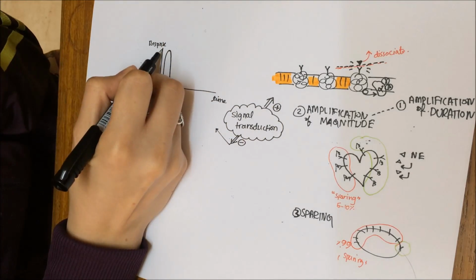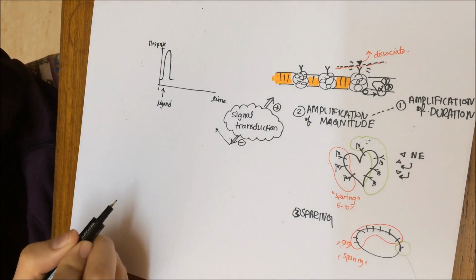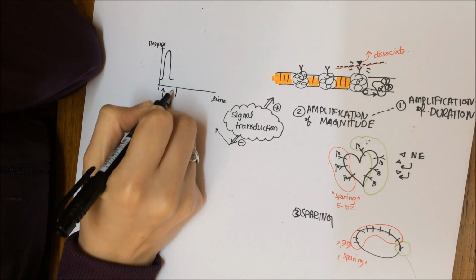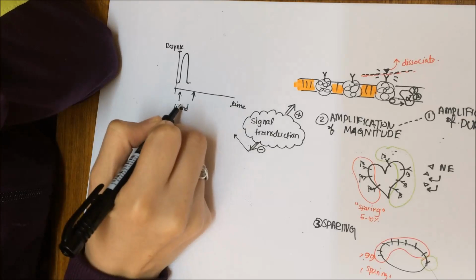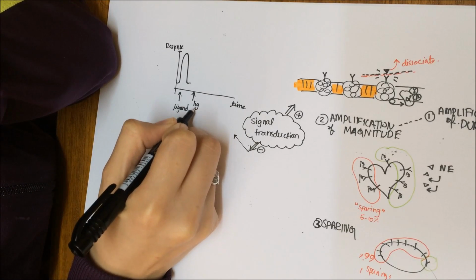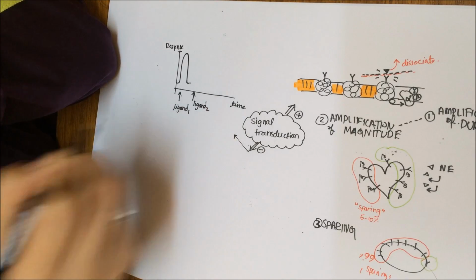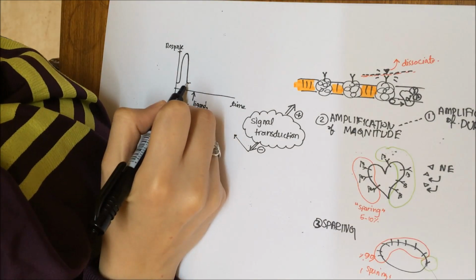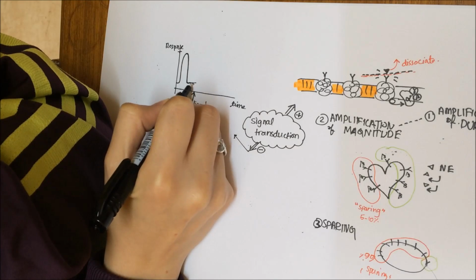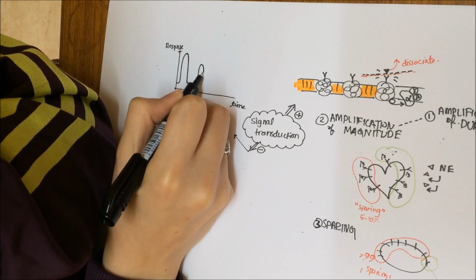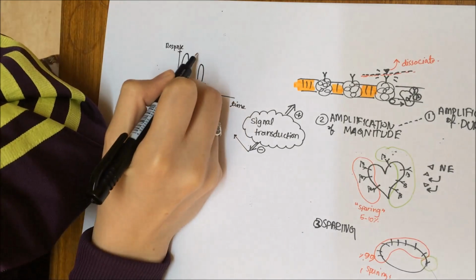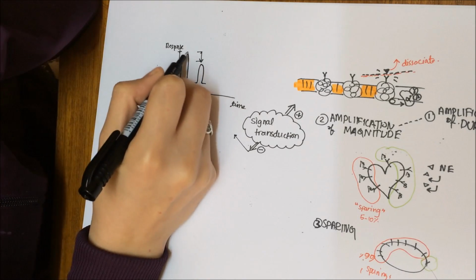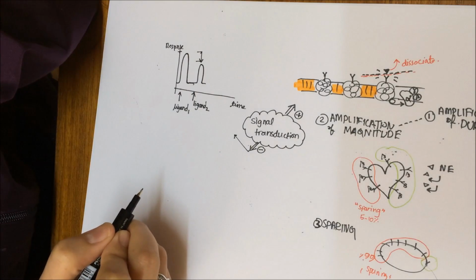So here we got the maximum response. Now, they found that if you brought the ligand for the second time over a short duration, you will get a response, but this response will be less than the first response. Compare this one to this one.